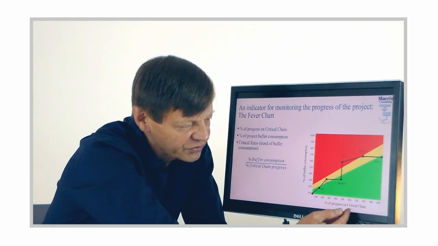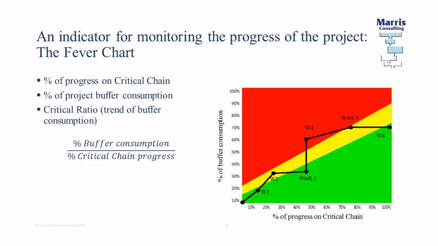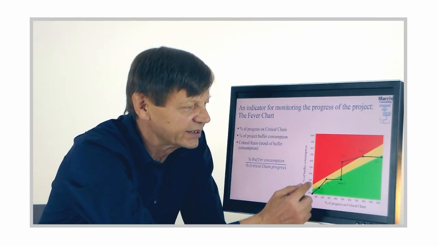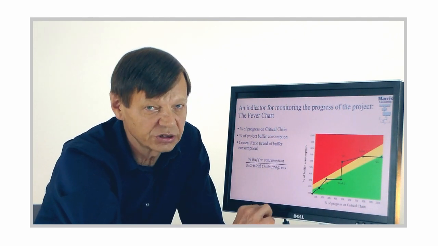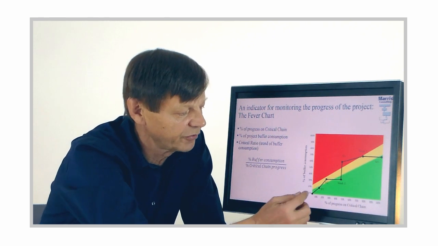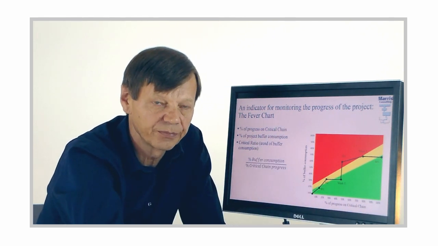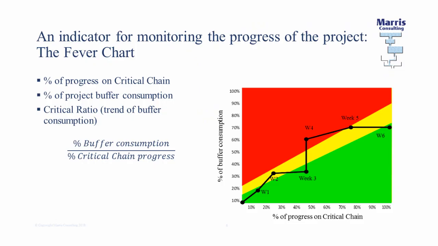So we measure the progress of the project, and the way of measuring the progress on the project is the percentage on the critical chain, right? On the other axis up here, we're measuring the percentage of consumption of the project buffer, okay, from 0 up to 100, okay, and that's the way it's presented.